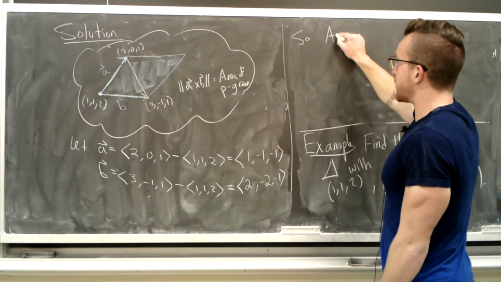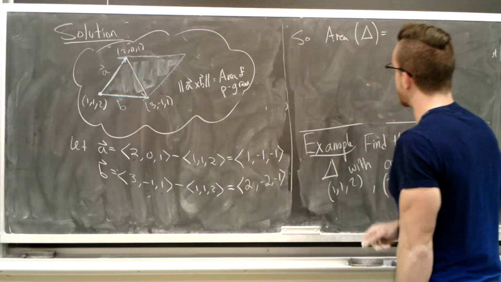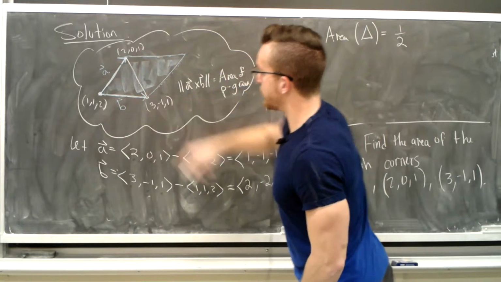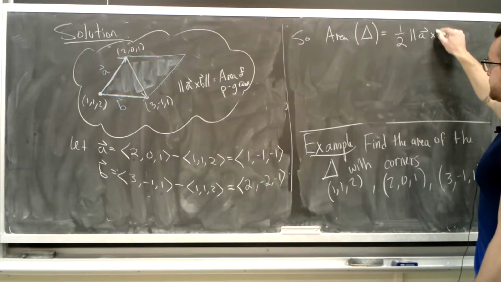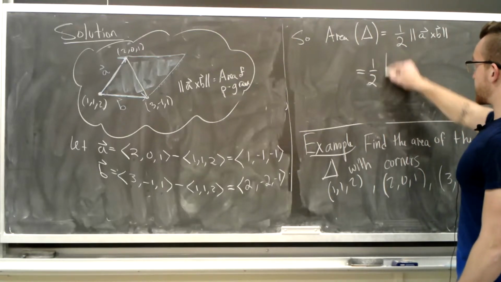So the area of the triangle that we want is going to be 1/2 of the magnitude of the cross product. Oh God, so now I have to compute a cross product again.